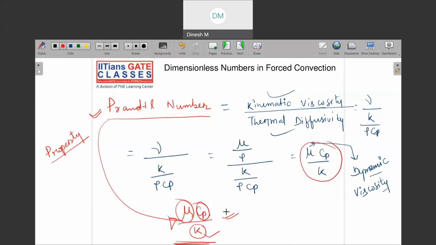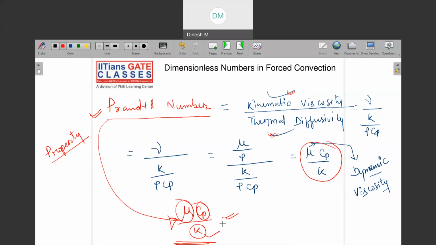It signifies the relative magnitudes of momentum diffusion rate and heat diffusion rate. Kinematic viscosity is diffusing momentum, and thermal diffusivity is diffusing heat energy, right? These two are simultaneously being diffused, but this ratio will decide which is diffusing more. Got the idea? This will happen in those cases where you have a flow over a flat plate, where the hydrodynamic boundary layer and thermal boundary layer form simultaneously.